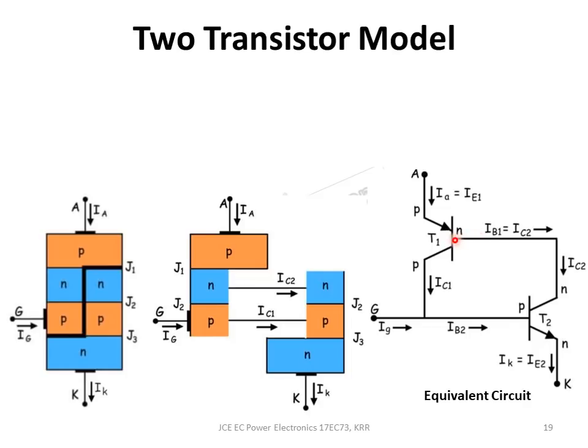Note that the base current is represented as IB1 because this is T1, and it is equal to IC2 of this T2 transistor, which is an NPN transistor.